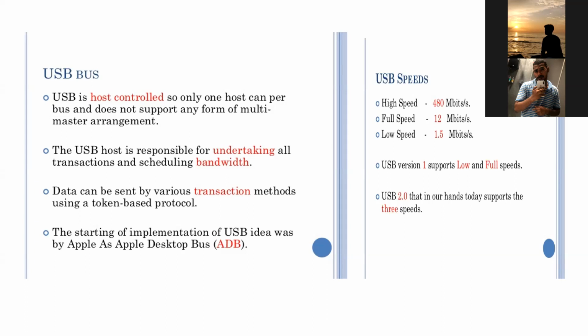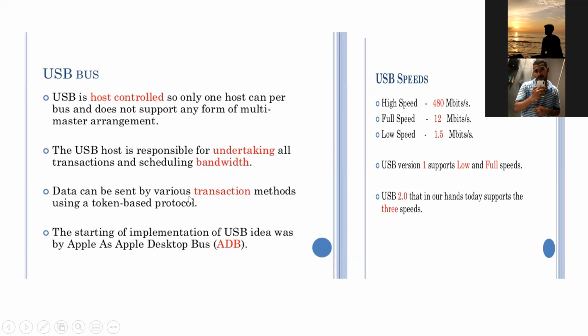The host decides how to transfer the data and takes care of all transactions. The bandwidth and capacity are also decided by the USB host. The transaction method follows a token based protocol, and this idea was implemented by Apple.